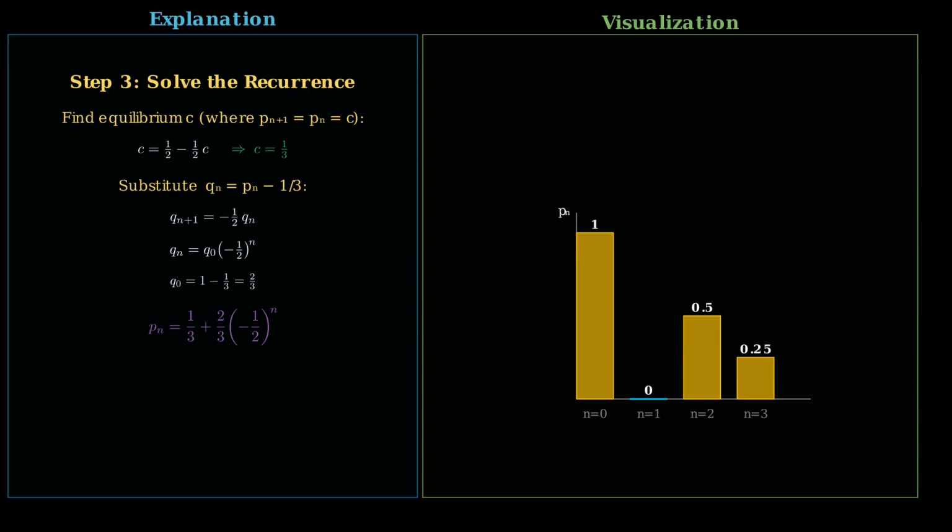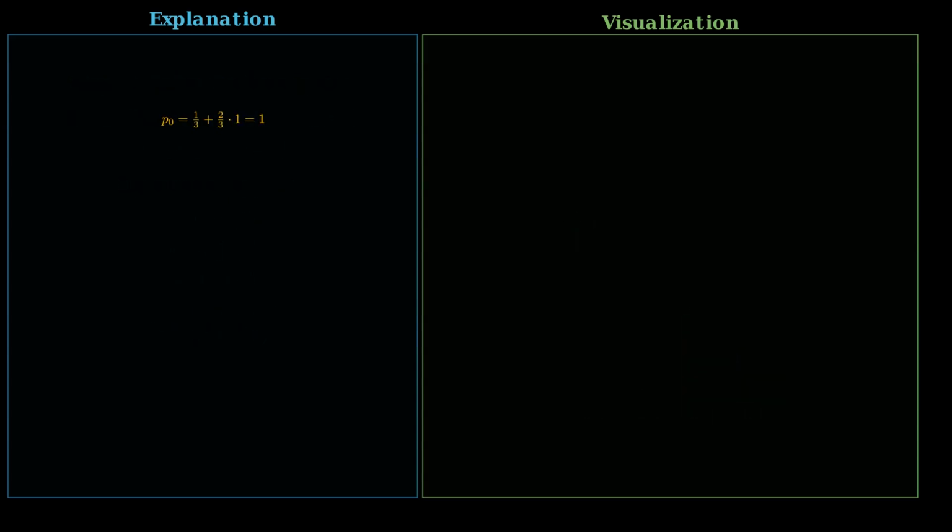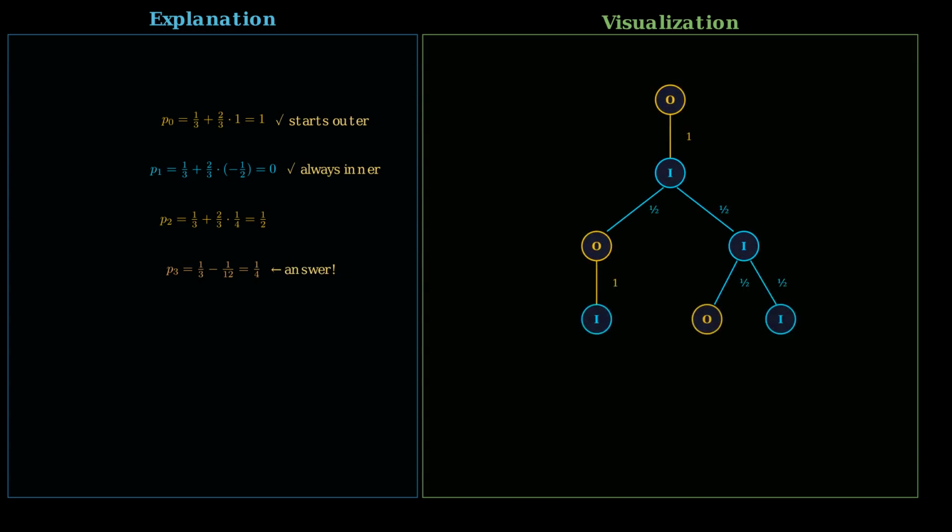Step 4. Verify each step. P_0 is 1/3 + 2/3 times (-1/2)^0 = 1/3 + 2/3 = 1. Correct. P_1 is 1/3 + 2/3 times (-1/2) = 1/3 - 1/3 = 0.